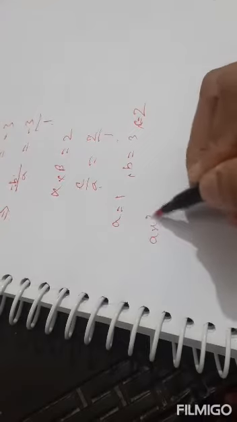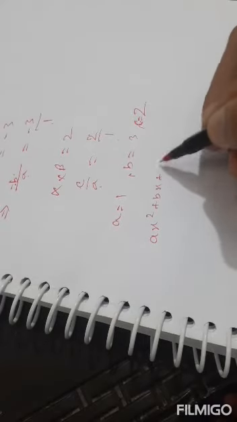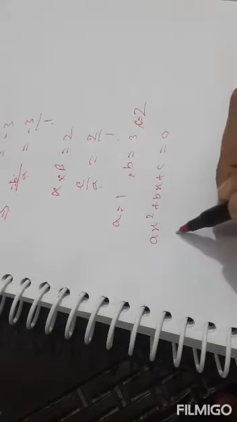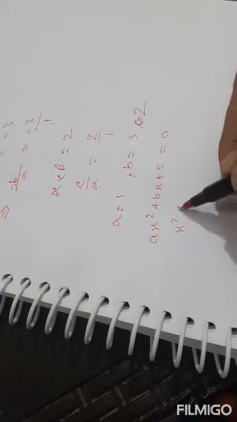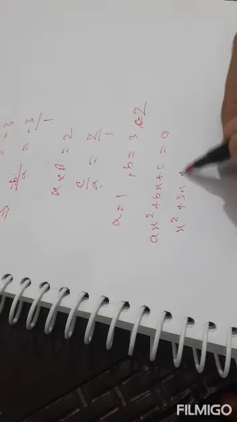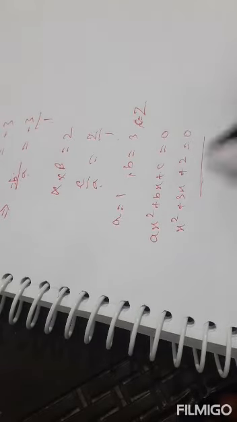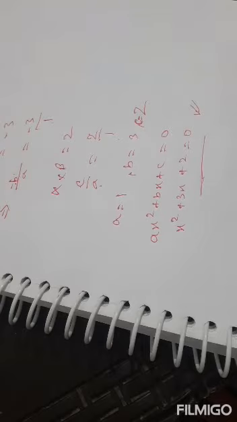Because we know the general form of a quadratic equation is ax square plus bx plus c equals 0, so this will become x square plus 3x plus 2 equals 0. So this is your required answer: x square plus 3x plus 2 is your required answer.